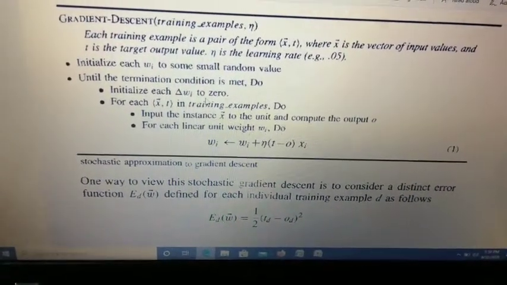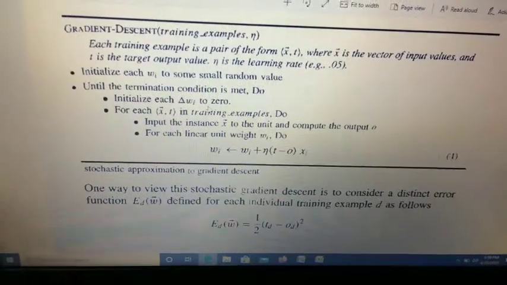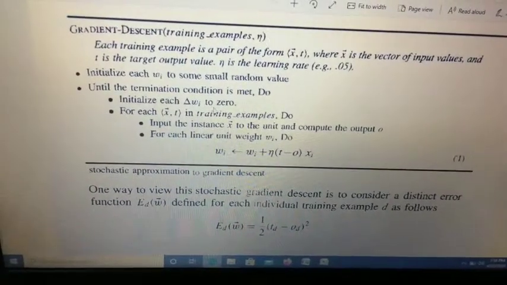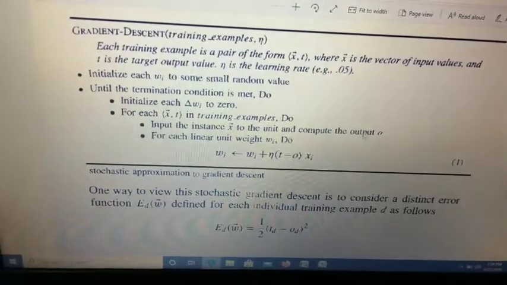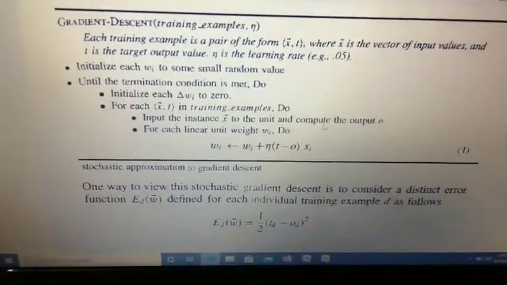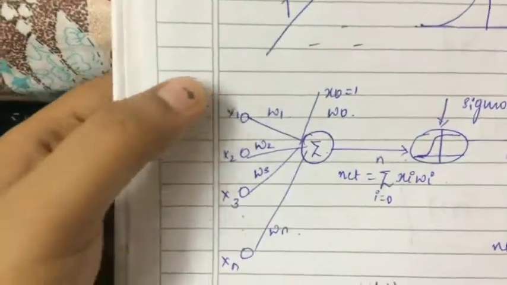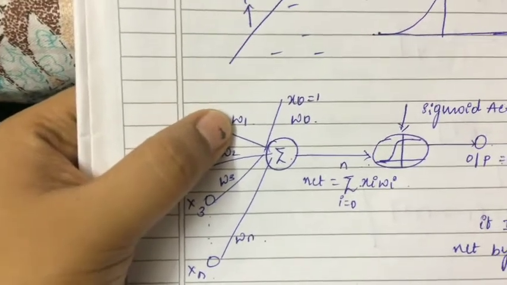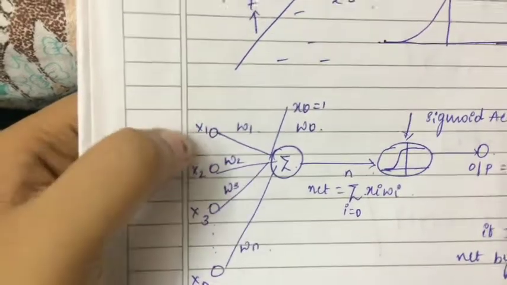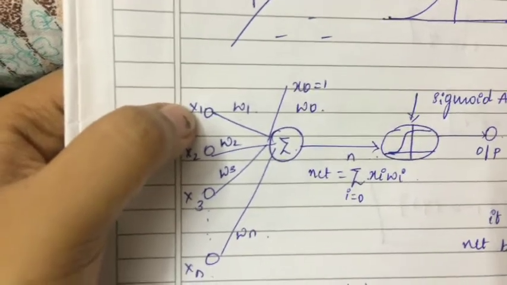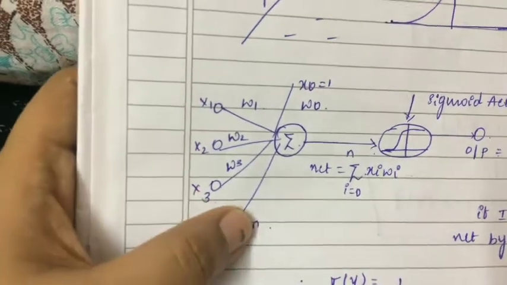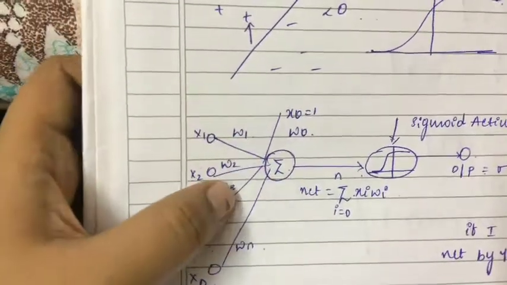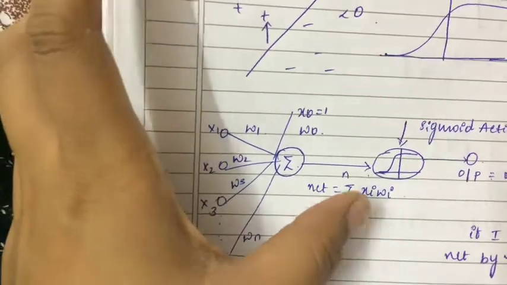Now for each pair, that is input vector and output pair, in a training example, input the instance x to a unit and compute the output. So how are we computing the output here? First we have considered the random value of wi, and delta wi has been assigned 0. Here we perform the computation xi multiplied with wi, and everything is summed together in order to get the net value.